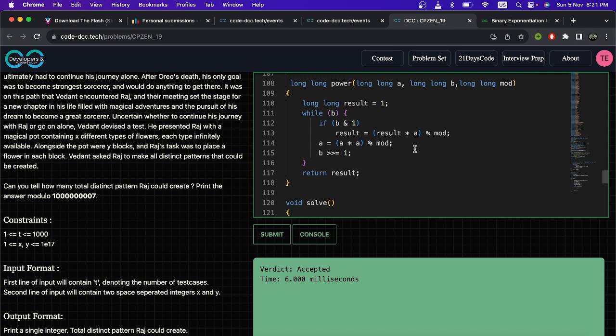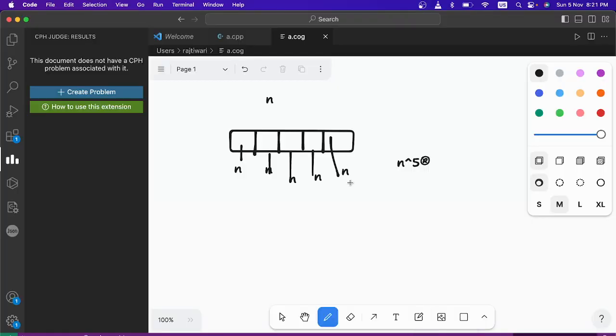So one of the best ways for this, the solution of this question, will be using binary exponentiation. What is binary exponentiation? It is simply like this: if you have to calculate m power 5, can you do it in an easier way by just calculating m square, then the square of this, plus 1?